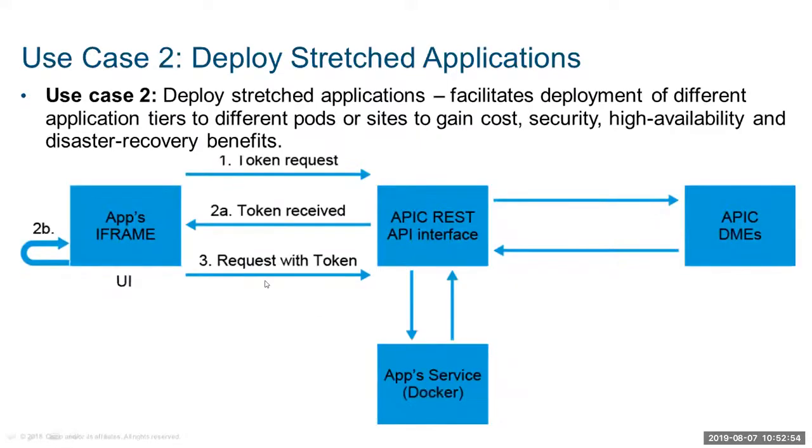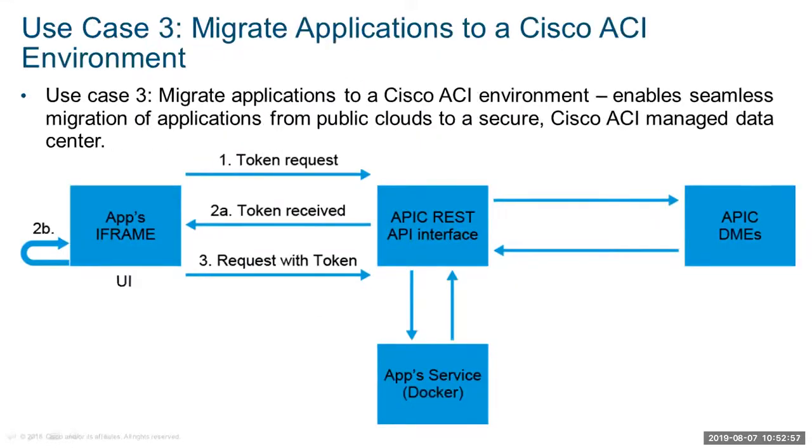And last use case is if you want to migrate one of your existing applications from a public cloud to ACI, you can actually go ahead and migrate it. So migration is also done through the Cloud Center.